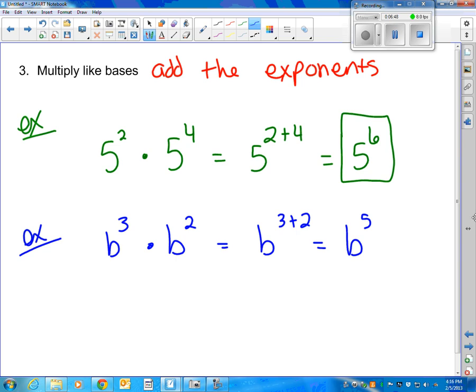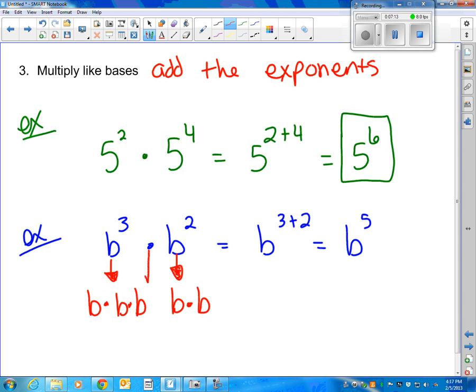But why is that? All right, I'm going to go back to the definition of an exponent. It means that you take that letter or number and you multiply it 3 times. So b cubed is b times b times b, which means b squared is b times b.